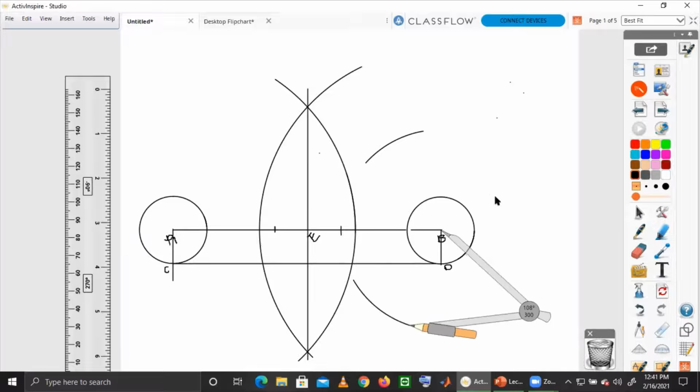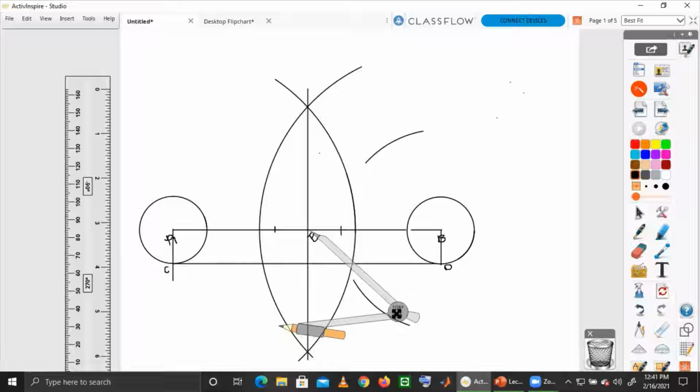All right, now I am going to stand at point E and repeat the same procedure. Position my compass pencil well, draw my arc.